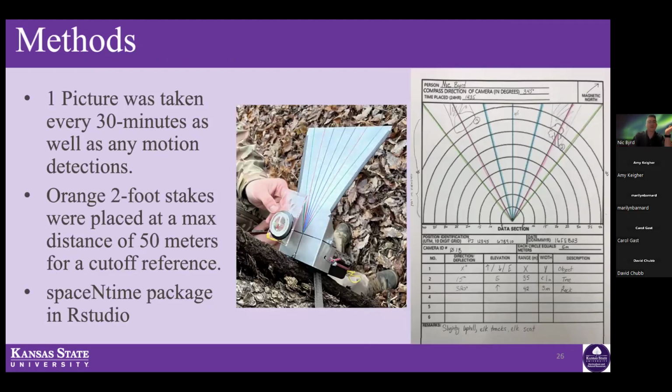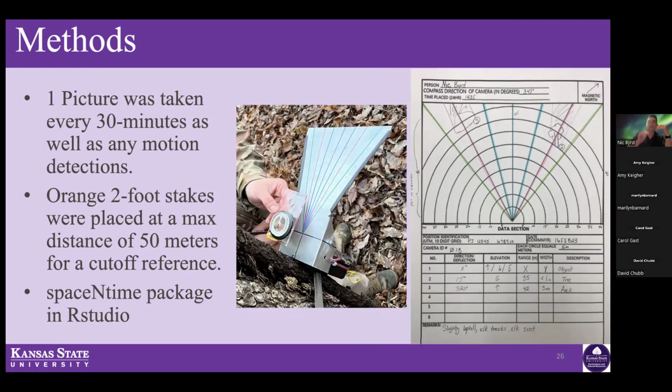For methods, we took one picture every 30 minutes, as well as any motion detections. We established a 2-foot stake at a max range of 50 meters for our range cutoff. If a wood line was so dense at 25 meters that we couldn't see past that, then we established that as our max range cutoff.